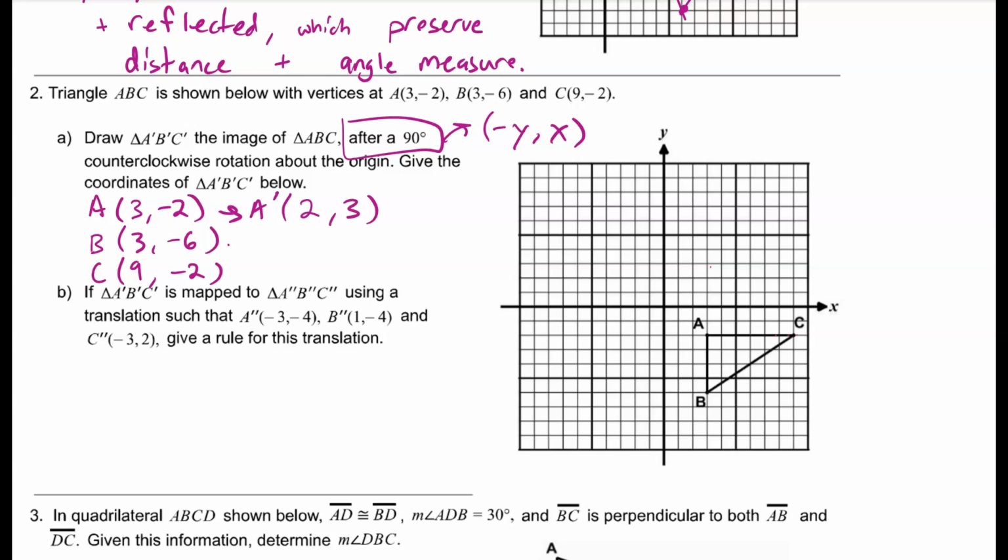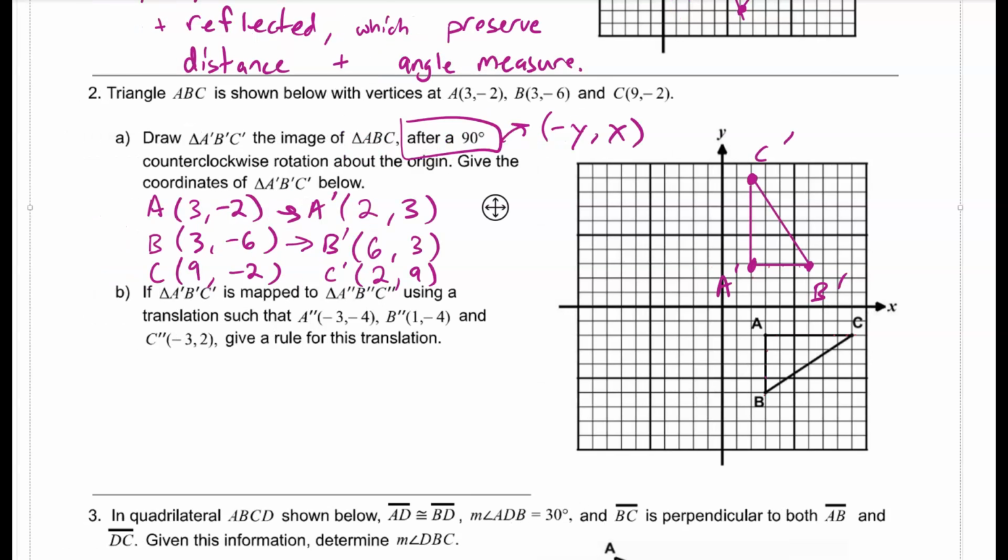And the x is just going to bump to the back. So B' is going to be, if I negate that -6, it becomes +6, 3, and C' is going to be +2, 9. So I'm going to take a second to plot this. So that's what my rotation of 90 degrees would look like, and that looks pretty good to me because I assumed it would be in that quadrant to start with.